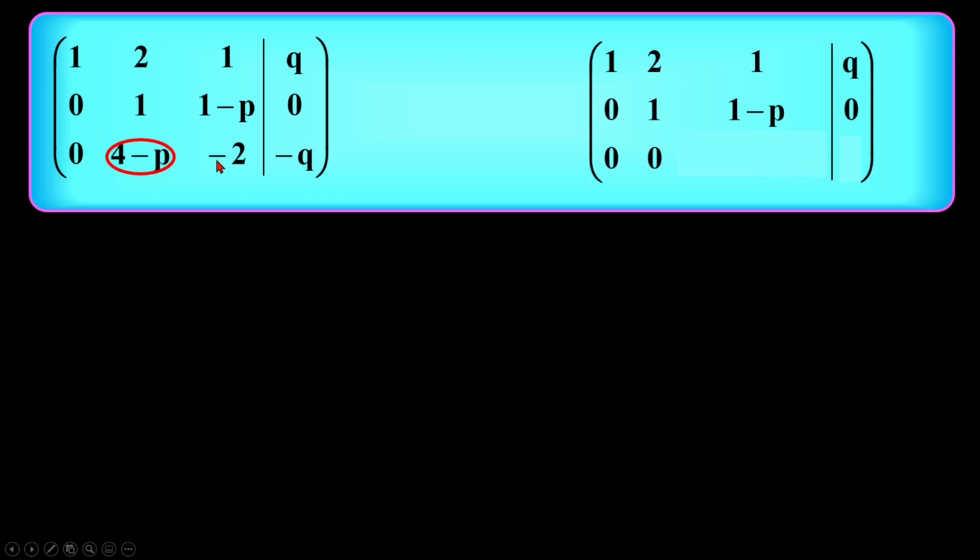I need to think how to get 4 minus p to transform into 0, without disturbing the 0 over here, because all of this will be fixed. The formula that I chose is: I take 4 minus p multiplied by row 2, and then I minus row 3.